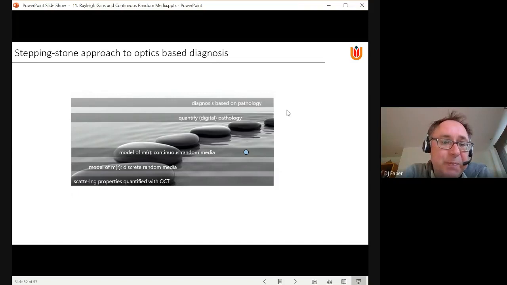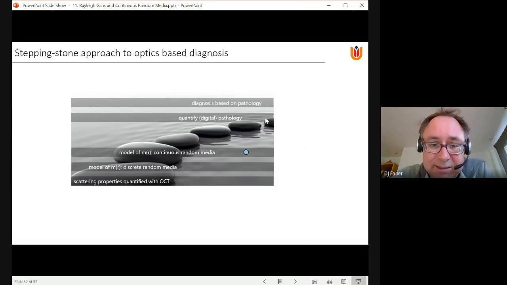So we try to segment nuclei. We try to measure cell sizes or distribution of cell sizes, etc. And having the assessment of the pathologist, we can then try to relate that.